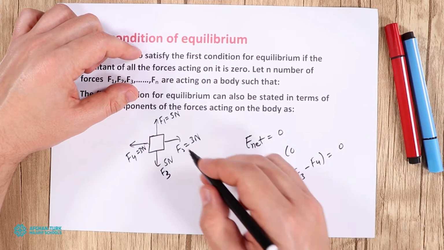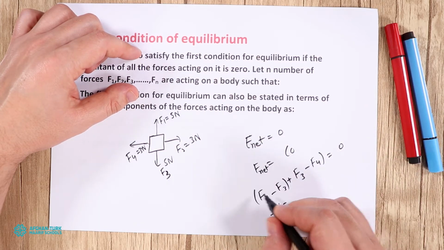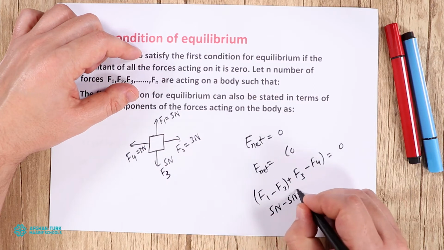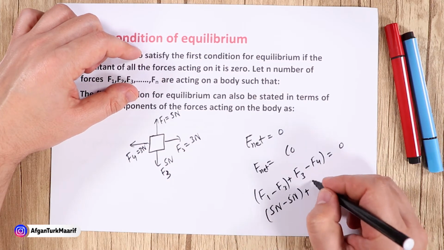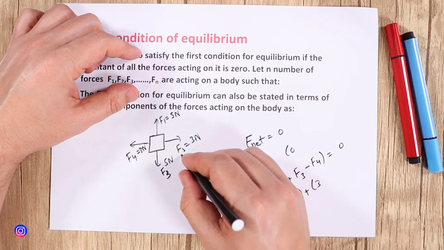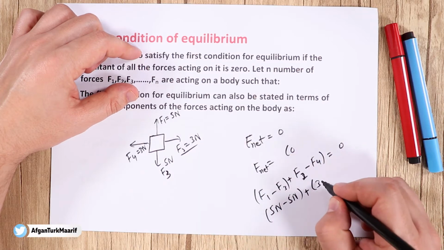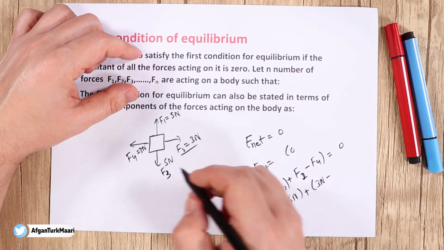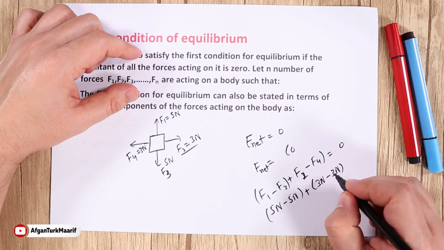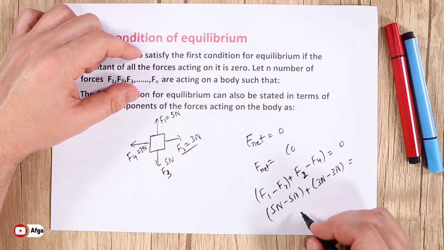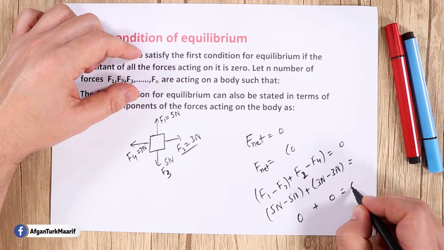This is 5 Newton, this is minus 5 Newton, plus this is 3 Newton, and F4 is also 3 Newton, but both are in the opposite direction. So 0 plus 0 is equal to 0.